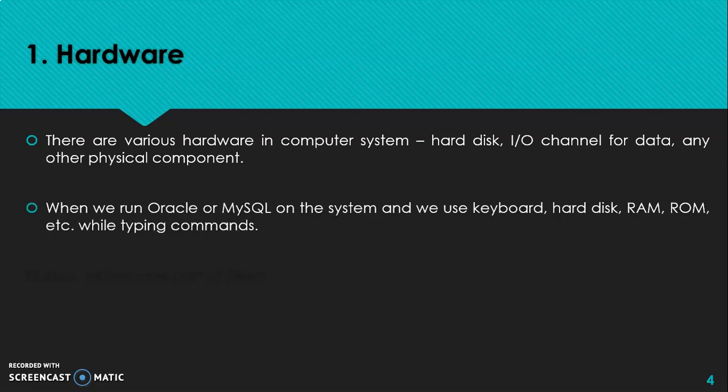When we run Oracle or MS SQL on the system and we use keyboard, hard disk, RAM, ROM, etc. while typing commands, all this becomes the part of your database management system, since every hardware component of your computer system is used for the database system.